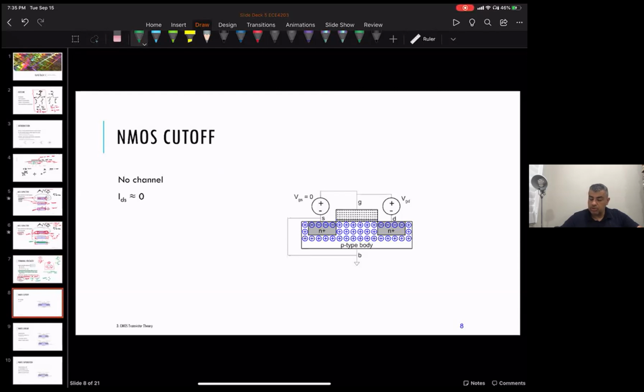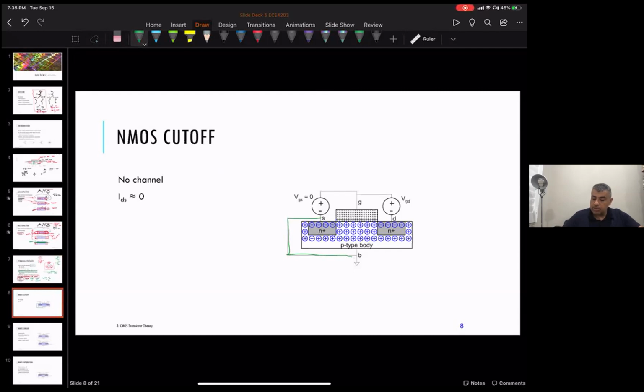The body, in an NMOS, we want to connect to the lowest voltage in the circuit, which is ground. So we have it connected to the source, at least in this transistor case.